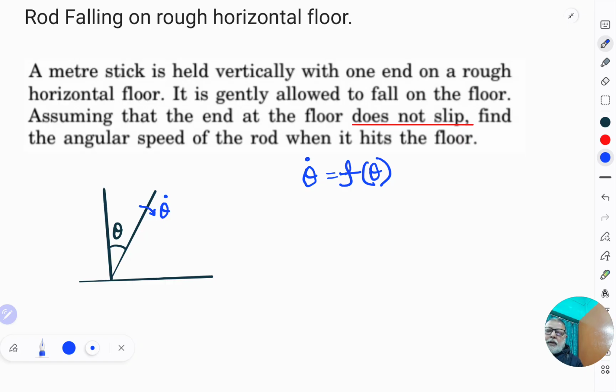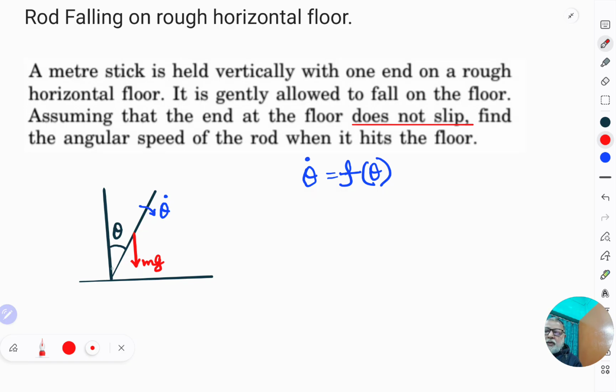Well, if we look at the various forces this rod is experiencing, the first force that we can work on is the gravity mg, that is passing through center of mass of the rod, which is obviously at the midpoint of the rod, that is L by 2 above the foot of the rod.